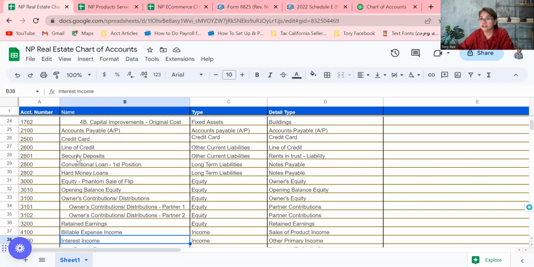And some say that security deposits are an asset. It's not an asset, it's a liability, because the money is not yours, it's just entrusted to you.